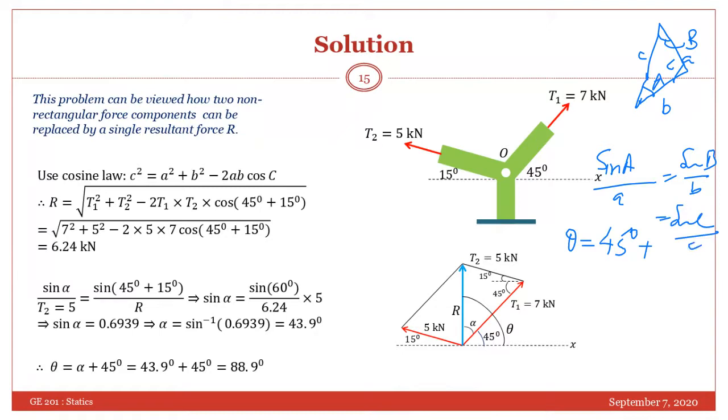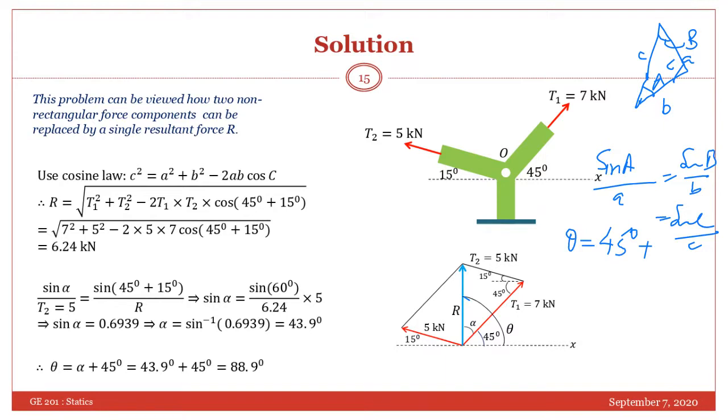So here, because we need to find out total theta, this is given, this alpha we have to find out. So we are finding it by sine law. So sine alpha over this length, this length is representing the 5 kilonewton, equals sine 60 over R, already known to you. So you will get the sine alpha.